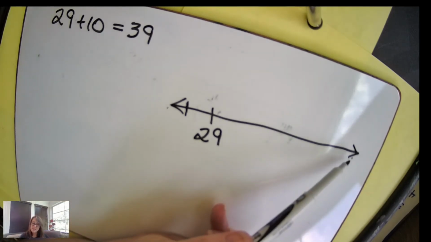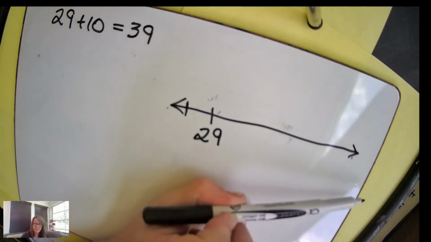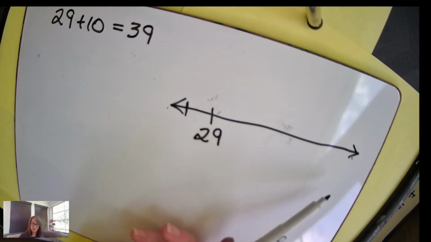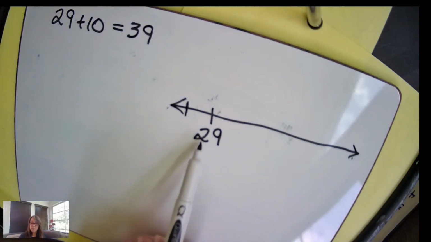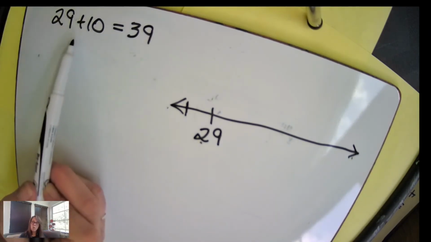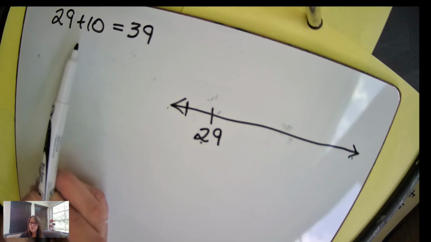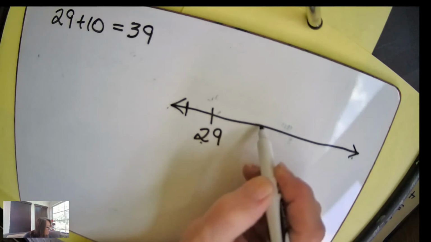This arrow on this end signifies that the numbers, as they move to the right, go on and on and on. They just continue. And do they get bigger or smaller? You're right. They get bigger. So if we started with the number 29 here, what do we need to do to show that we're adding 10? Yes, we just add.